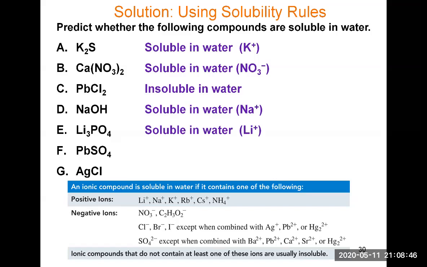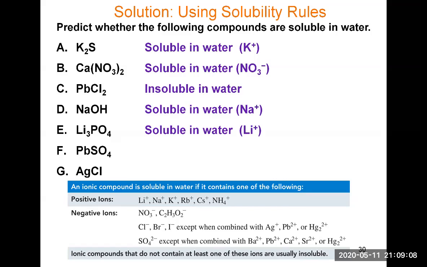PbSO4. PbSO4 contains lead and the sulfate ion, SO4. You recognize SO4. We can see SO4 listed here in the list of negative ions that make soluble compounds, but there are some exceptions. So we need to see if Pb is part of the exceptions.